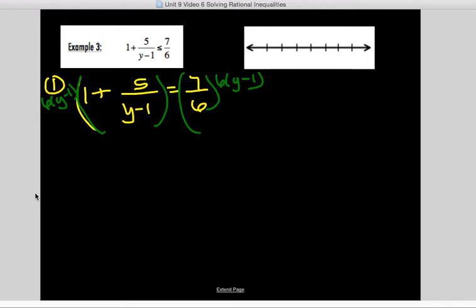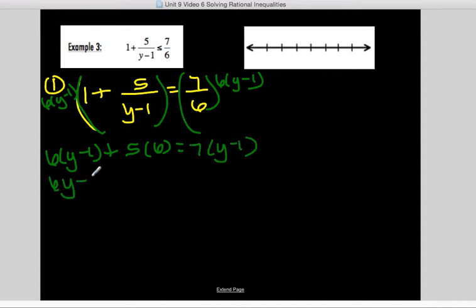So when I multiply this, I'd have 6 times y minus 1, plus, when I multiply here, I would still have 5, and the y minus 1s would cancel, so 5 times 6. Then equals, the 6's would cancel, so I'd have 7 times y minus 1. I'm going to distribute and simplify.